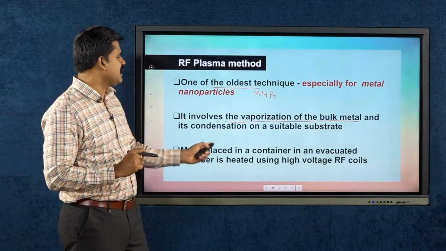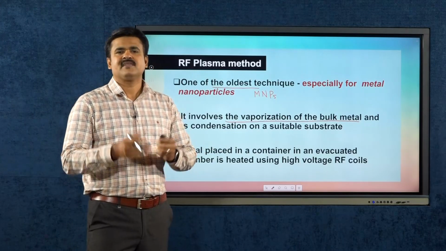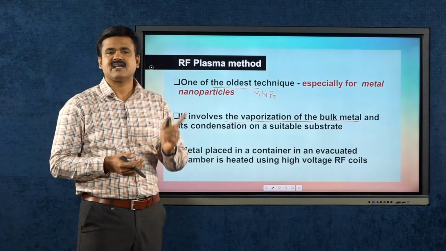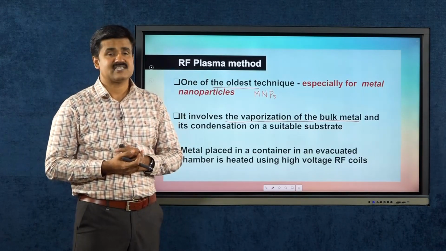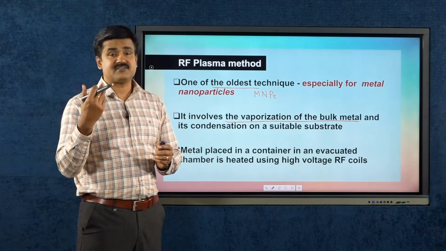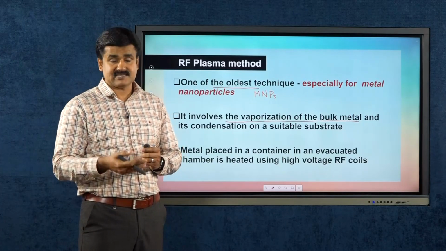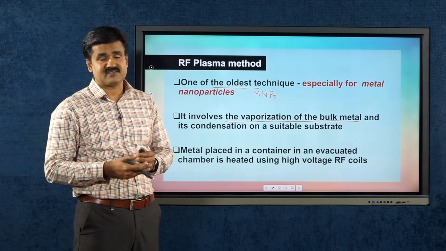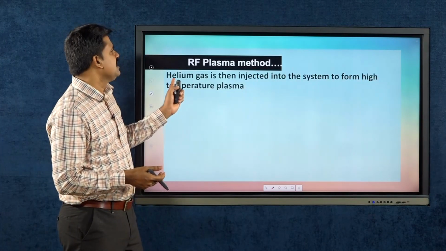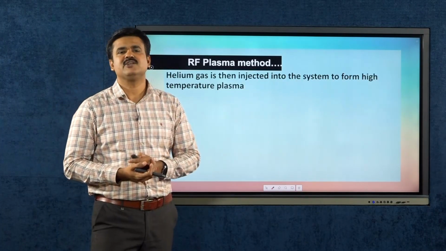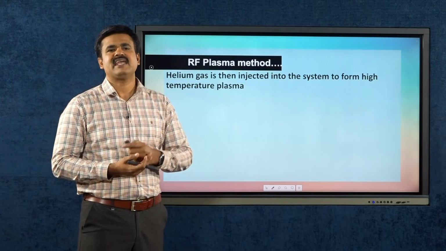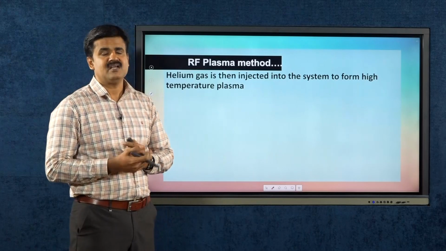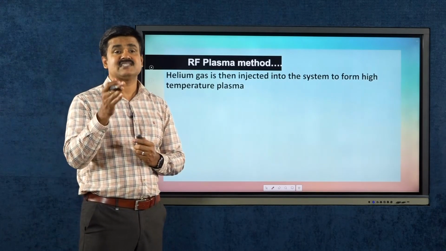Now, metal placed in a container in an evacuated chamber is heated using high voltage radio frequency coils. So, only after heating you will get vapors. That vapor has to be condensed on a suitable surface, and helium gas is then injected into the system to form a high temperature plasma. This is why the name RF plasma. RF stands for radio frequency.